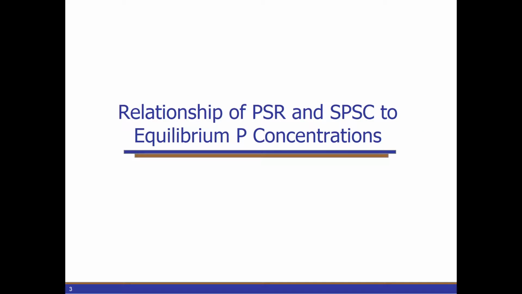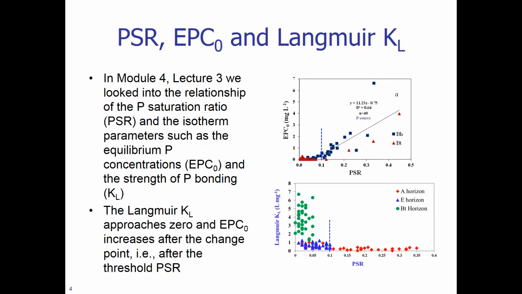Now, first we will look at the relationship of PSR and SPSC to equilibrium P concentrations. In Module 4, Lecture 3, we looked into the relationship of the P saturation ratio and isotherm parameters such as the equilibrium P concentrations and the strength of P bonding.